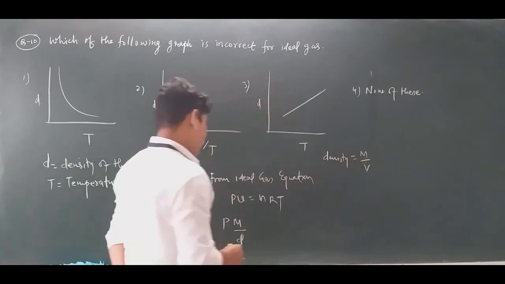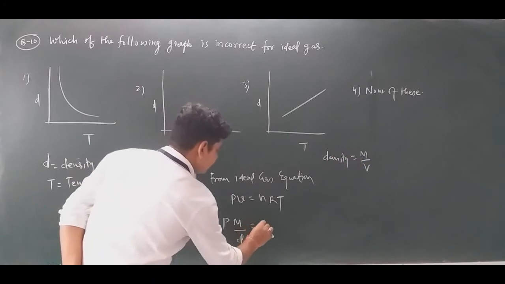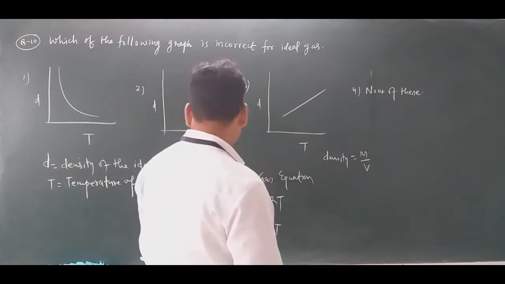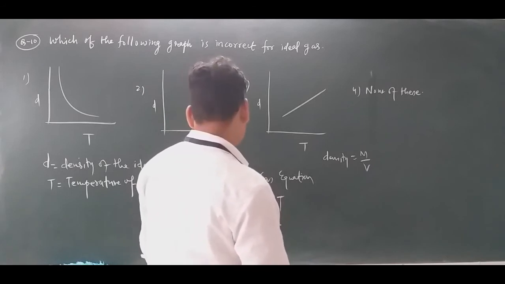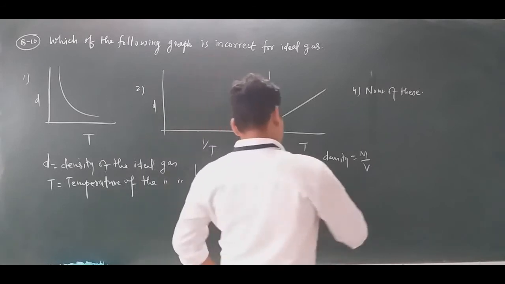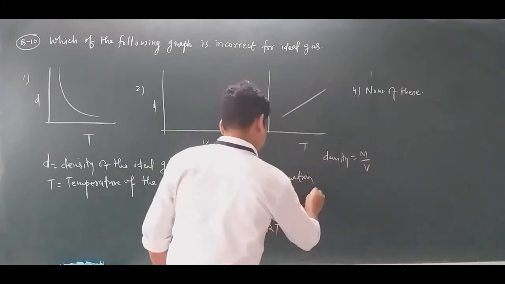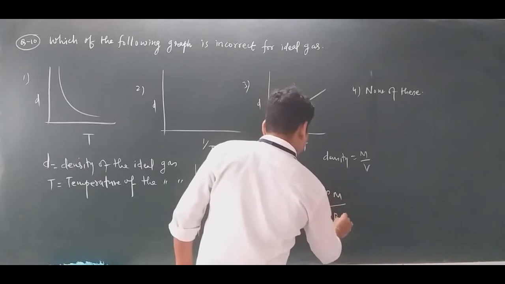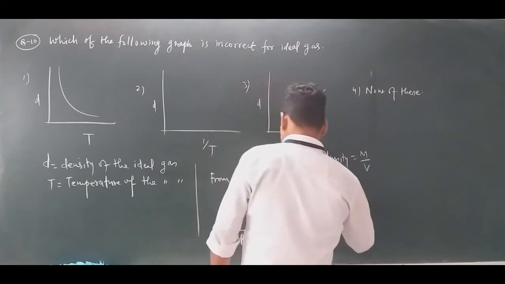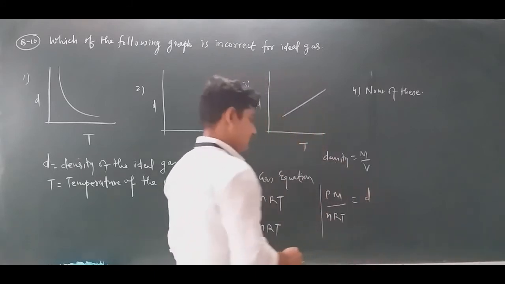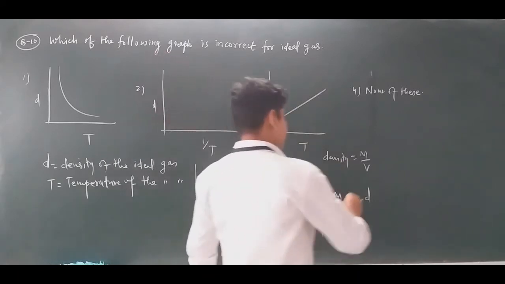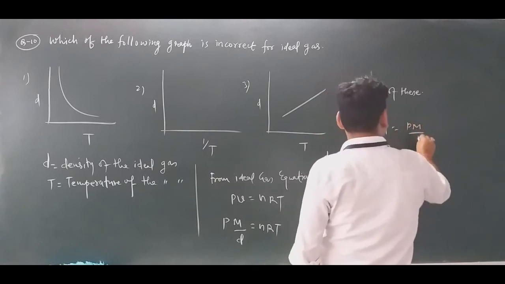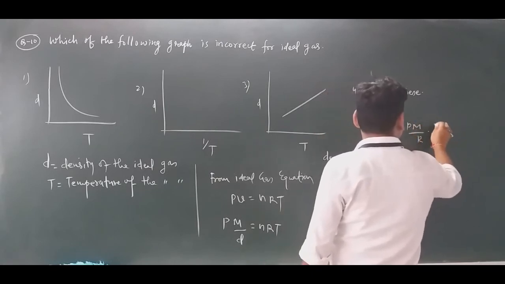So mass by density is equal to nRT, and if we write here density and temperature, D is equal to PM by RT.